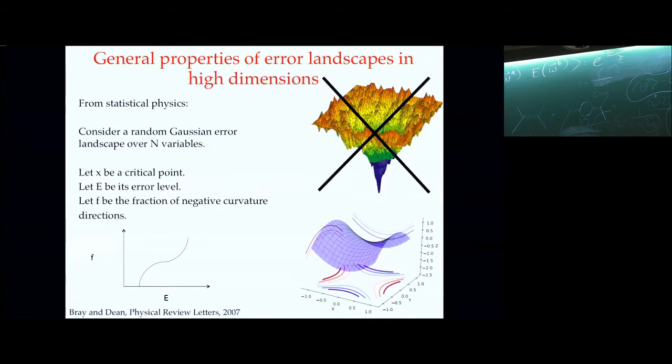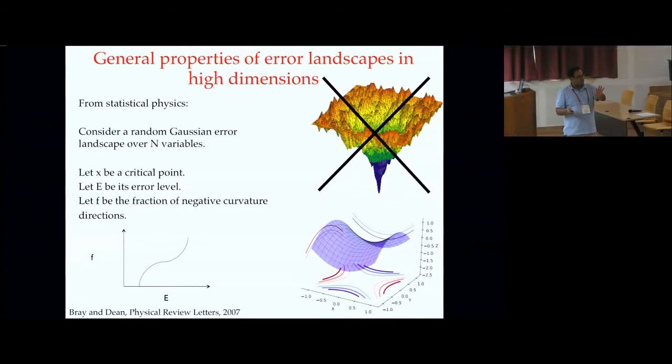So that's my model for a random error landscape. Okay? So now pick one random error landscape once and for all. That's your notion of quenched disorder. Okay? Now let X be a critical point where basically the gradient of the function vanishes. So partial E, partial W vanishes. Okay? You can take every such critical point and plot it in a two-dimensional feature space.